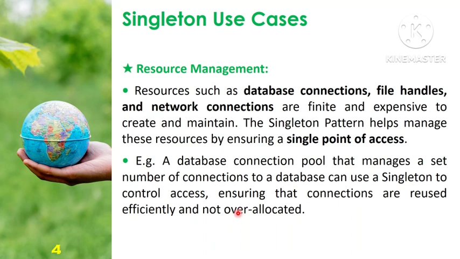But in the previous case, it would have been times 10, 10 million connections, right? That's a very simple but, I guess, pretty clear example of why the singleton pattern is such a good and useful pattern for resource management. The same could be said for file handles and network connections. They're finite and expensive to create and maintain, so singleton ensures there's only one and provides a global point of access to it.